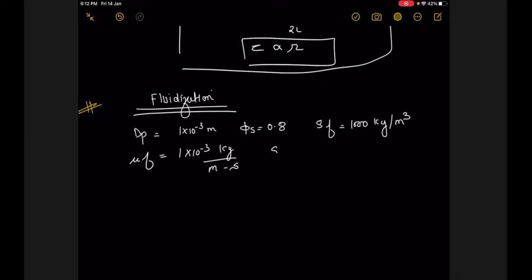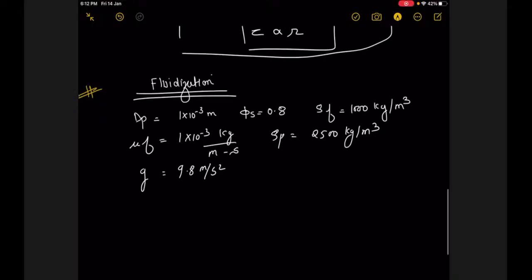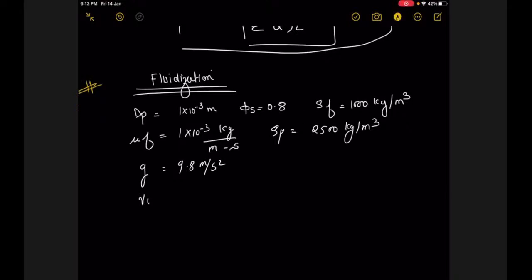Particle density is 2500 kg per meter cube. G is 9.8 meter per second square. V naught is equal to 0.005. E equals 0.5.